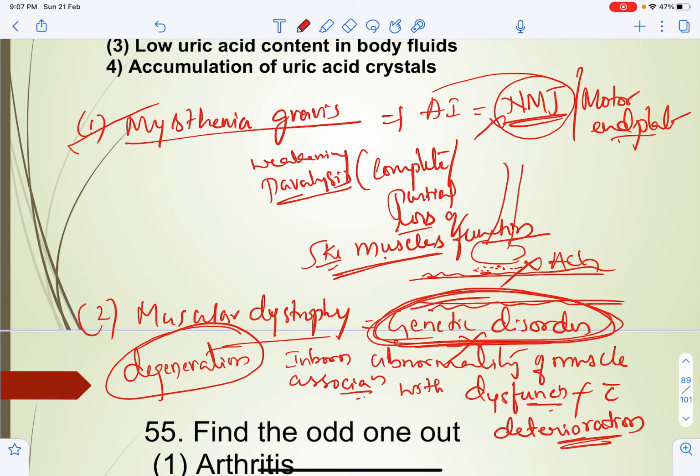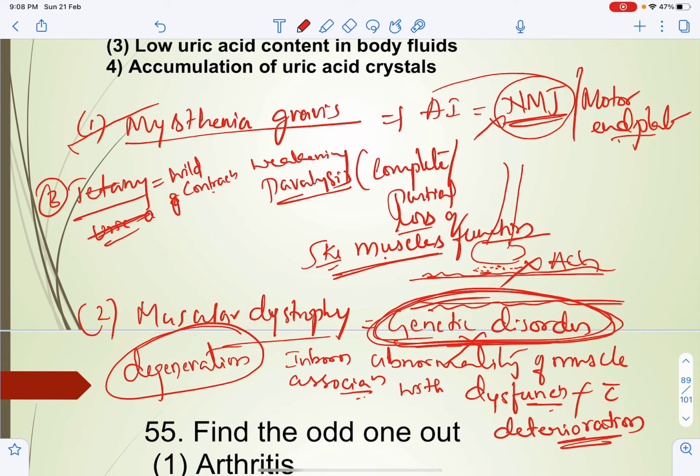So in tetany, what is the meaning of that? Tetany is a wild contraction, like a muscle cramp.